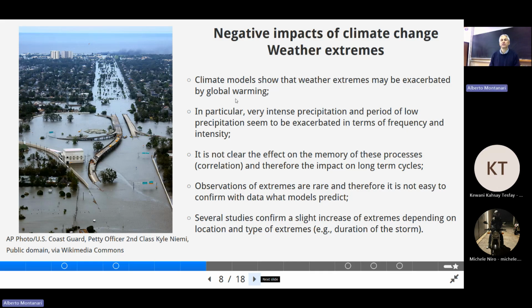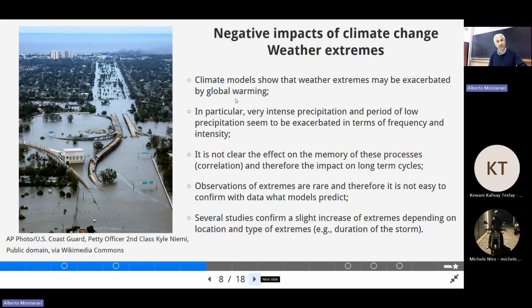But the moral of the story is that it's more difficult to confirm with data what the models predict. So, indeed, models say that there is an increase of the extremes. What is confirmed by data? What is confirmed by data is that there is an increase in some areas of precipitation, of rainfall.